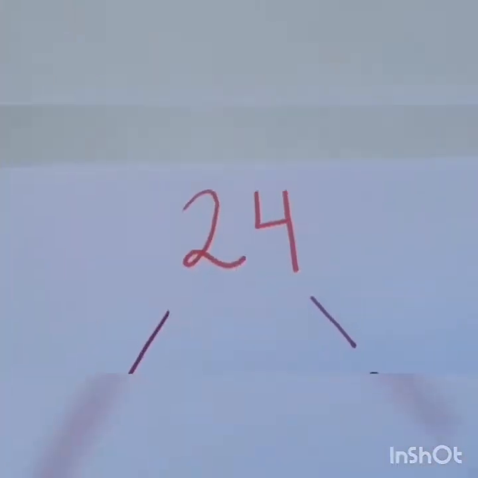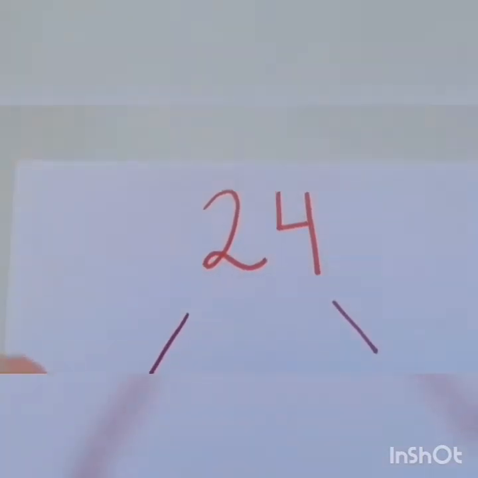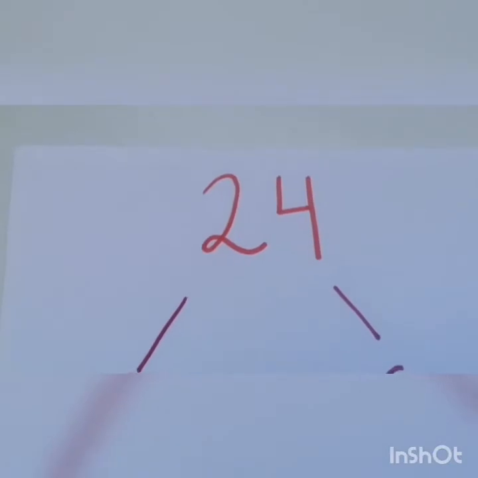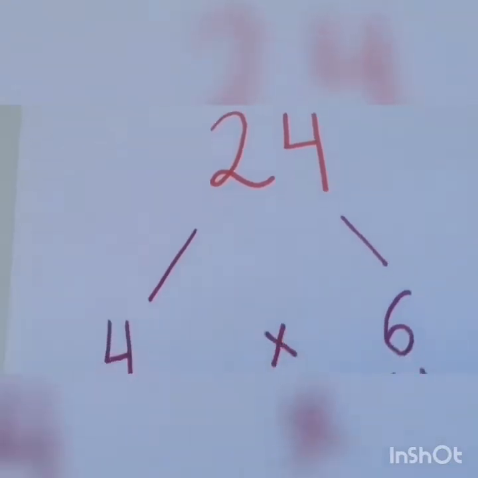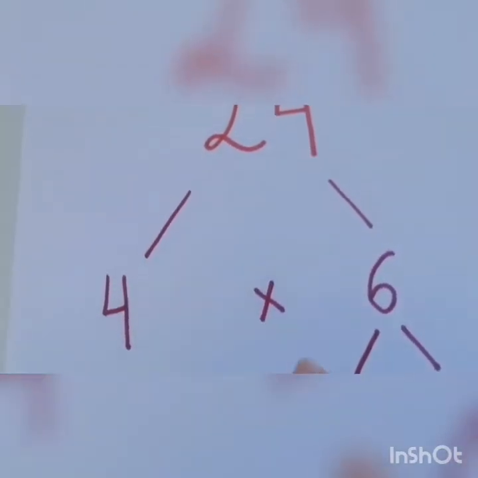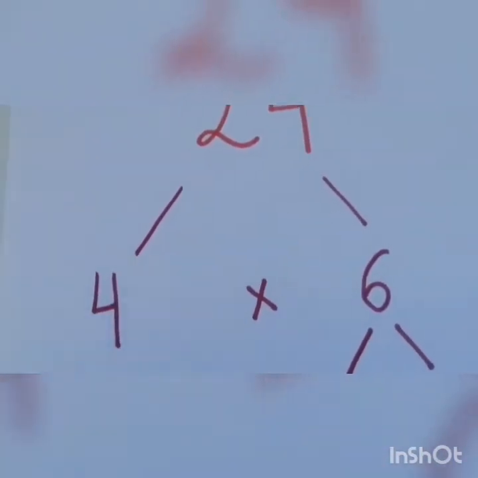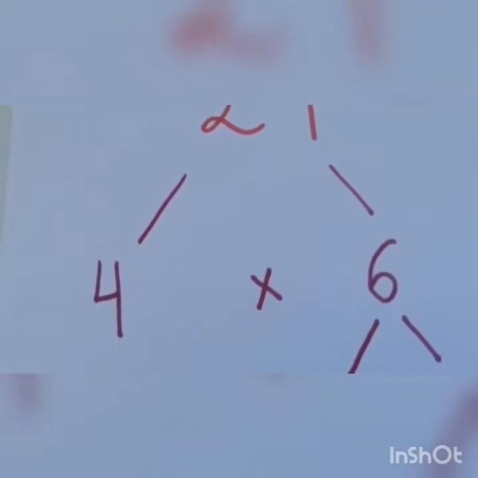We do the prime factorization by making a tree, but not this kind of tree. Let's see an example. Okay, in this example, what prime numbers multiply together to get 24? 4 times 6, but 4 and 6 are not prime numbers.